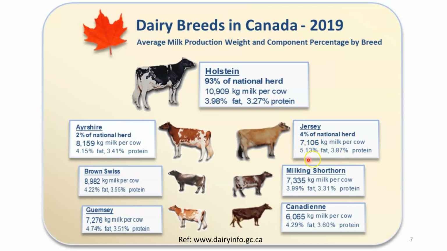So this is why, even if the lactation yield is lower, the farmer might still be able to make more money if he's paid by protein and fat. So remember that.